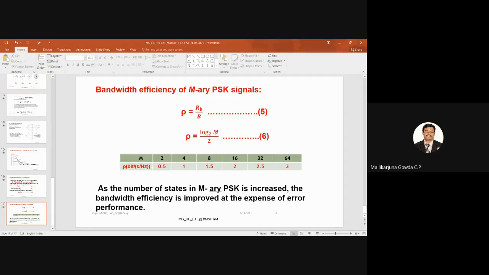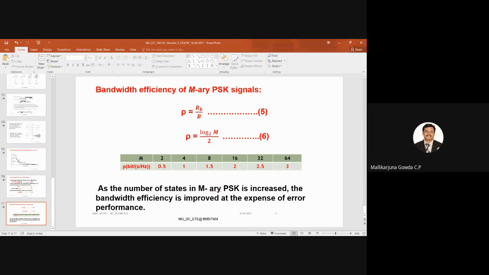Then log 4 with base 2 is 2, right? So 2 by 2 is 1. Hence, the efficiency is 1. Similarly, when M is 8, the efficiency is 1.5. When M is 16, efficiency is 2. When M is 32, the efficiency is 2.5. Then when M is 64, the efficiency is 3.